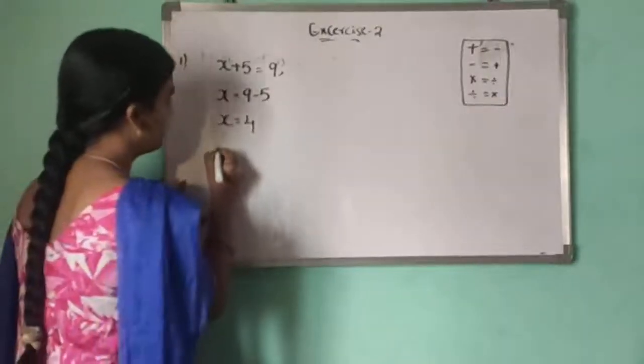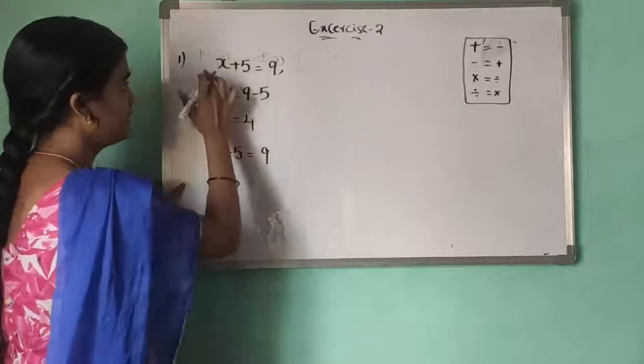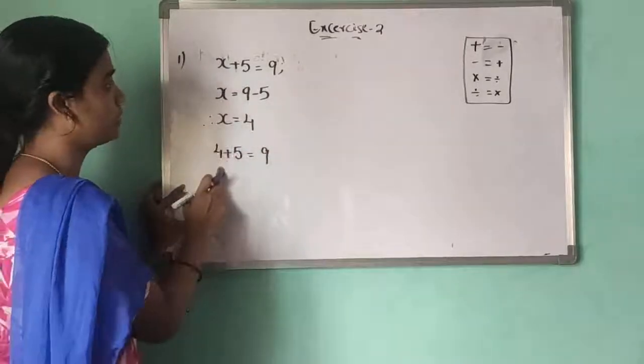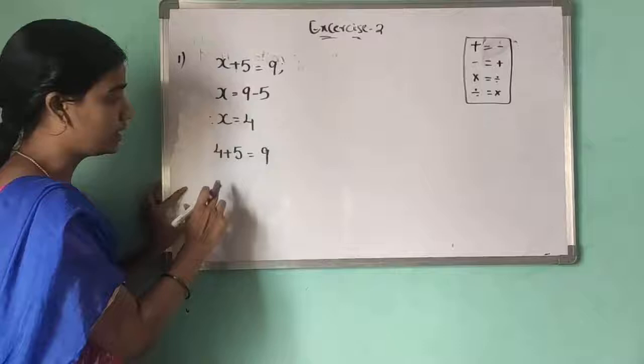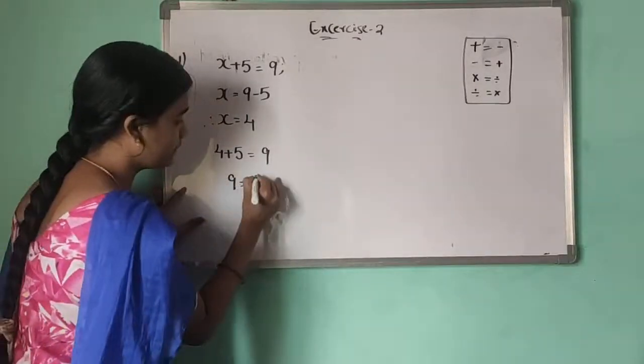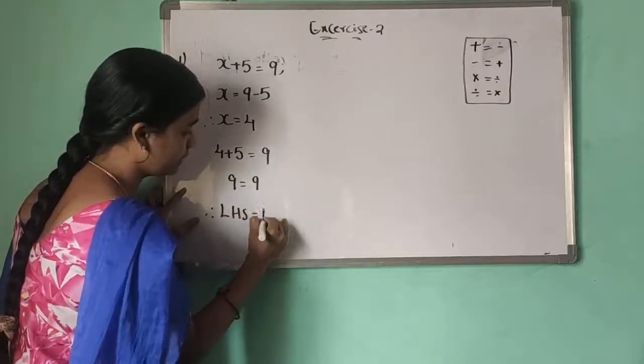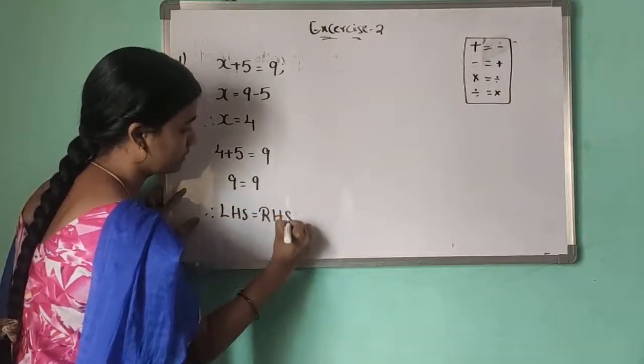So see, the equation is x plus 5 equal to 9. We substitute the x value: 4 plus 5 equal to 9. That means 9 equal to 9.